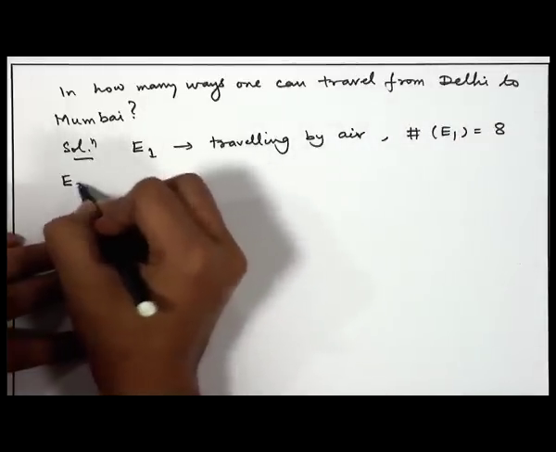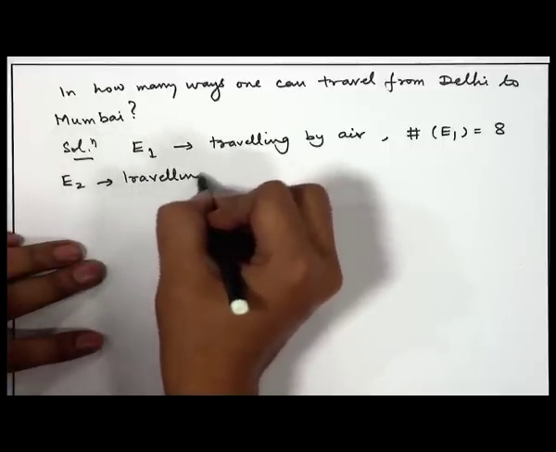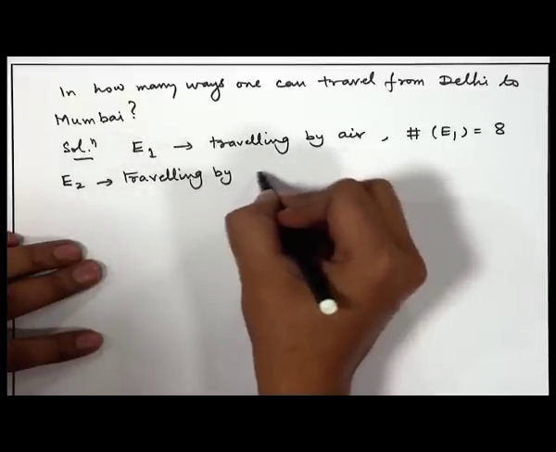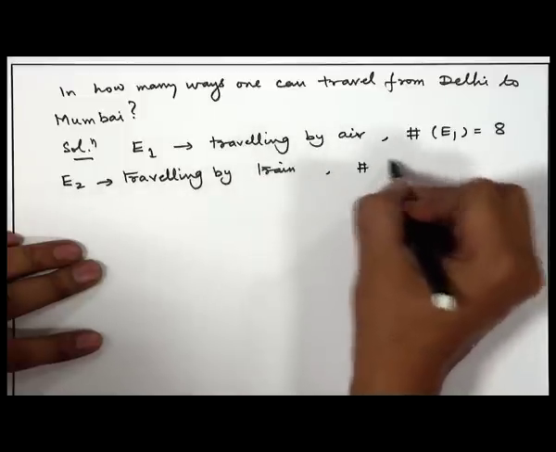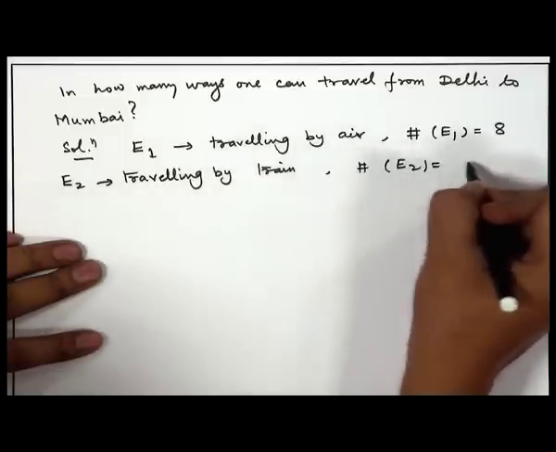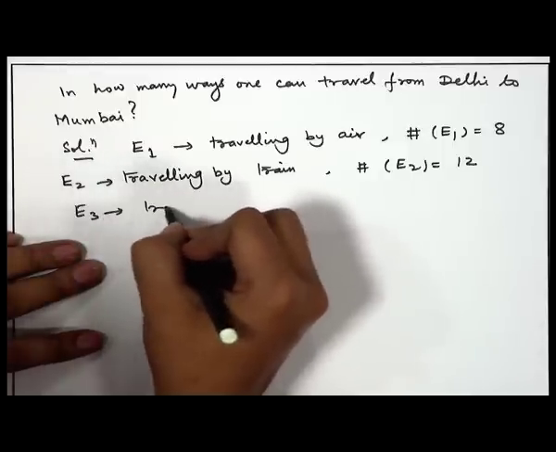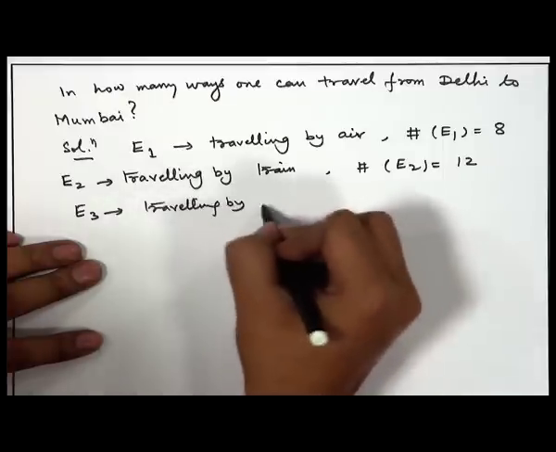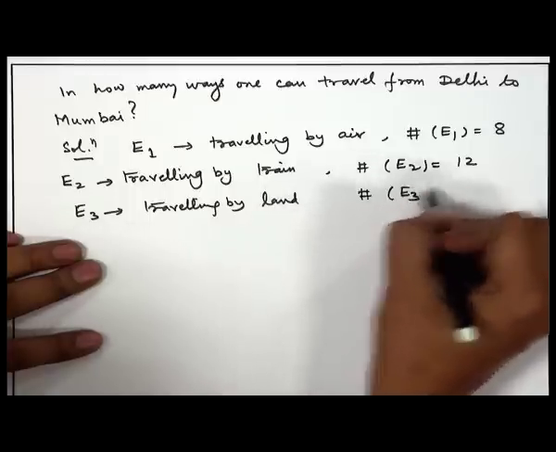E 2 is travelling by train, then the cardinality of E 2 is 12, and E 3 suppose I consider travelling by land, then the cardinality of E3 is 2.